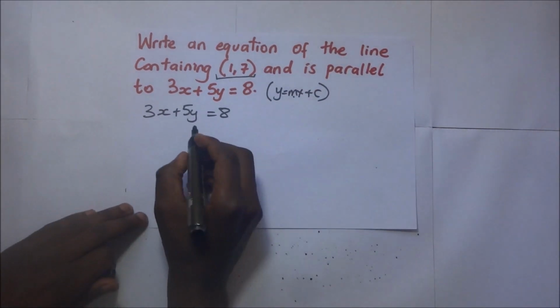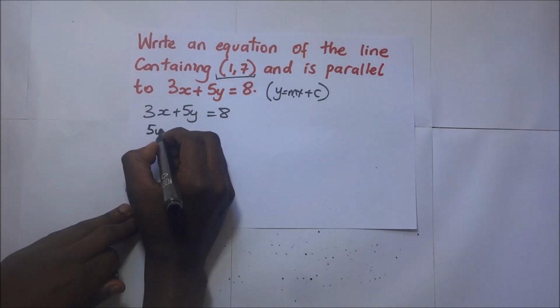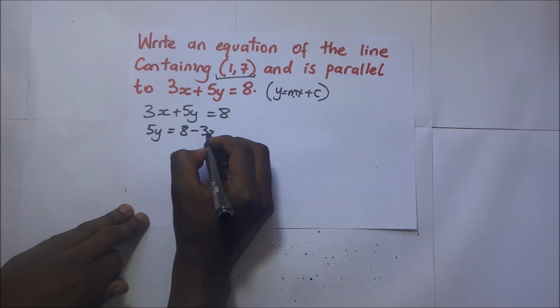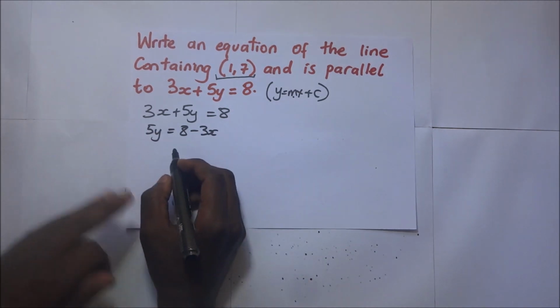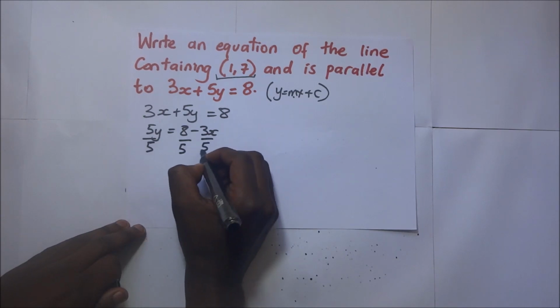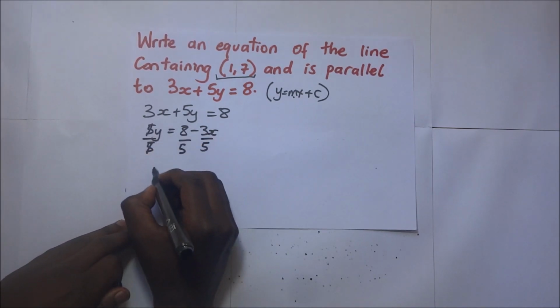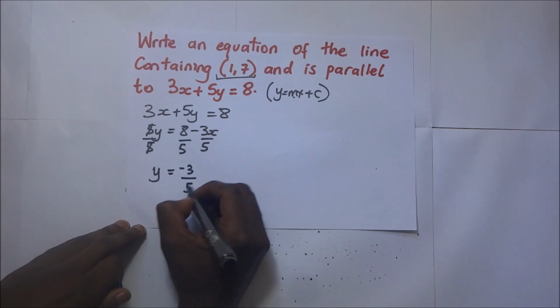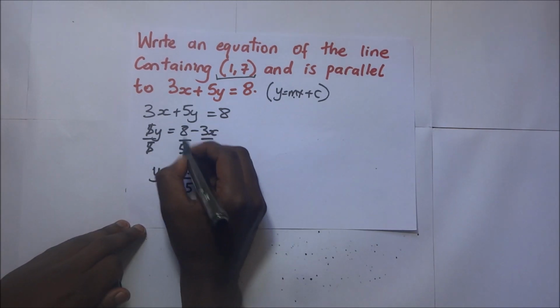So this is going to become 5y = 8 - 3x. And when we divide through by 5, we remain with y here. Our value of y is going to become -3/5 x + 8/5.